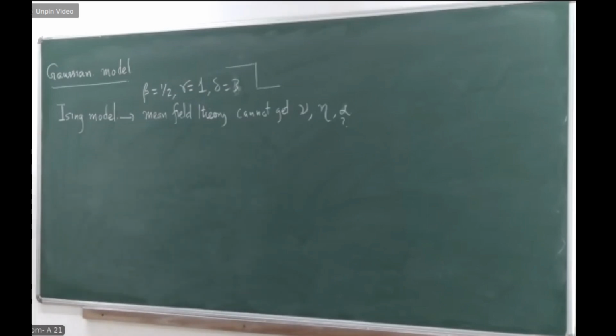Before the different framework, one has to go dimension by dimension. D equal to 1, the easily exactly solvable model, is always the starting point.